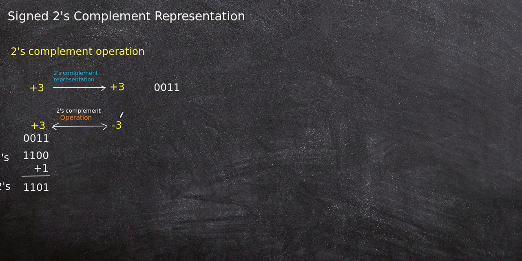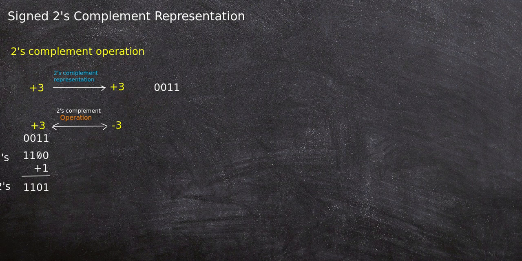So what is the 2's complement representation of minus 3? For getting that representation, we need to take the 2's complement of plus 3. So in this mechanism, we are applying the 2's complement operation on this number, that is plus 3.